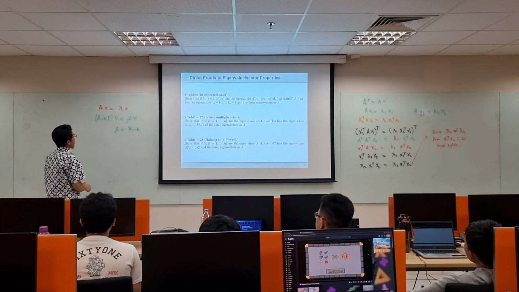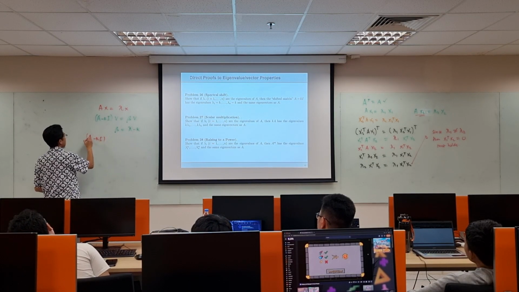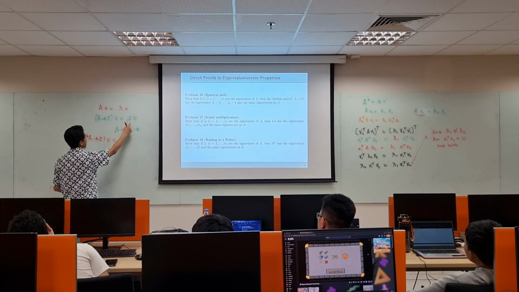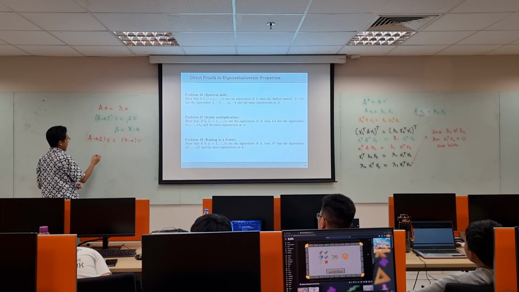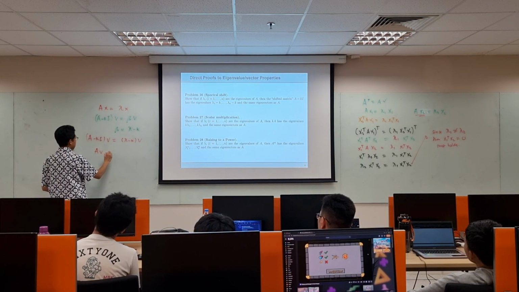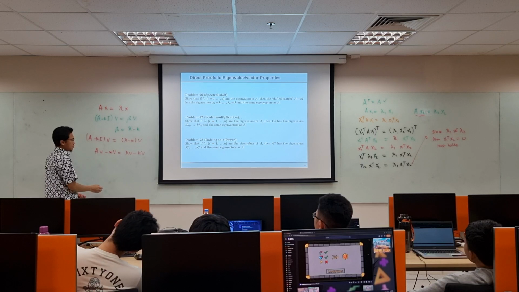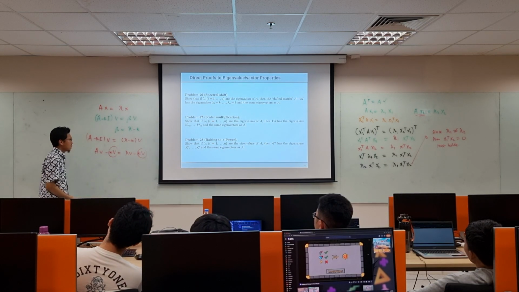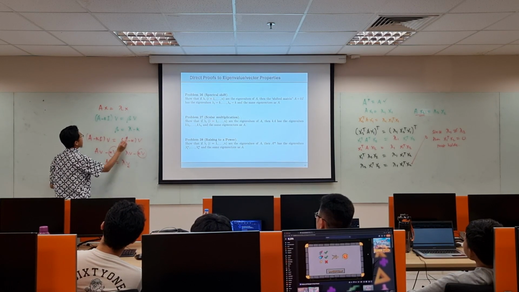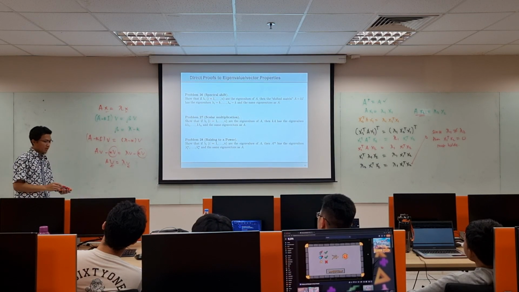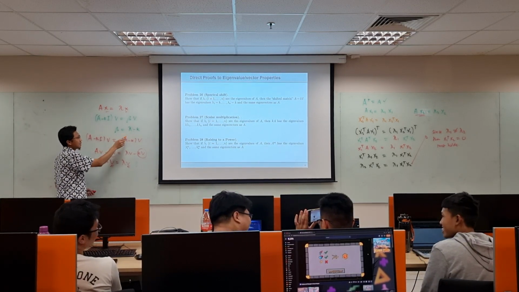So if we substitute this in, lambda minus K times V, then we take out everything: AV minus KV equals lambda V minus KV. So that will give you AV equal to lambda V. So that means the eigenvector is the same. You just plug in here, replace it.